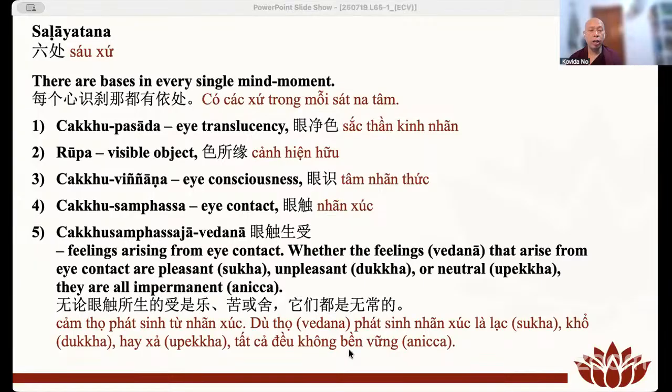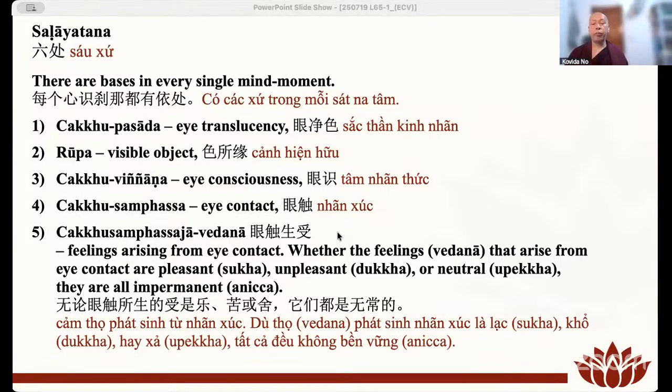When we contemplate, we have to contemplate all of them as anicca, impermanent. Eye translucency is anicca. The visible object is anicca. Eye consciousness is anicca. Eye contact is anicca. Vedana arising from contact is also anicca. We also contemplate seeing as dukkha. This is the way we practice when we discern the Salayatana method.